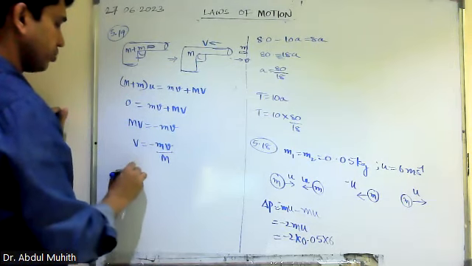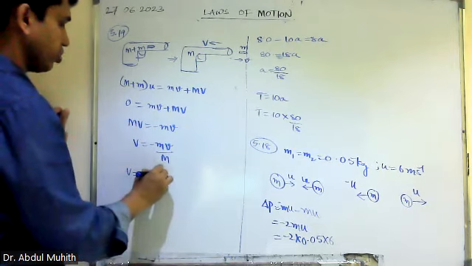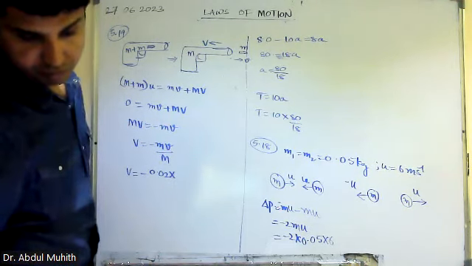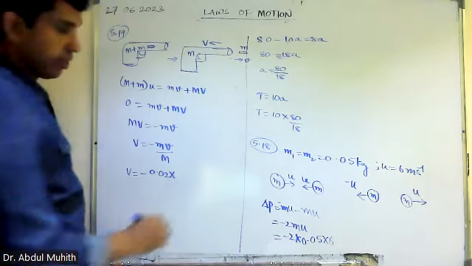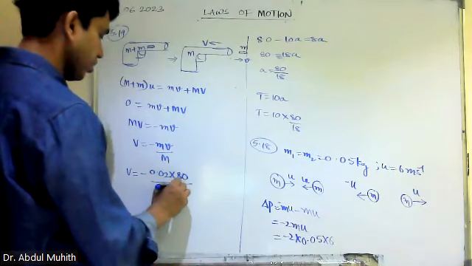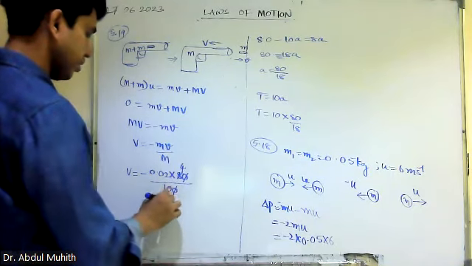So substitute the values. V is equal to minus 0.020 kg into the velocity, 80, divided by 100. The 0 and 0 will go away. 2 fours are 8, 2 fives are 10.